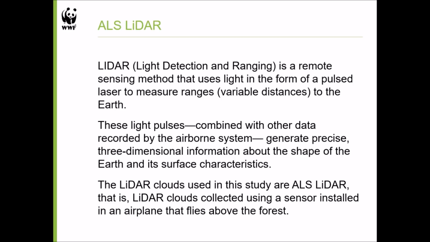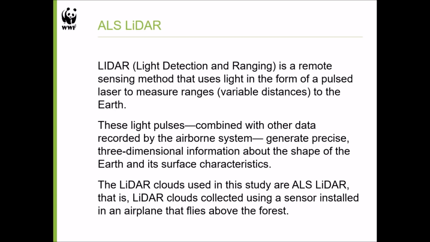LiDAR. Okay, LiDAR is a remote sensing method that uses a pulse of laser that is emitted and basically measures the distance between a target and the emitter. So when we talk about LiDAR, we are talking about distance measurement.